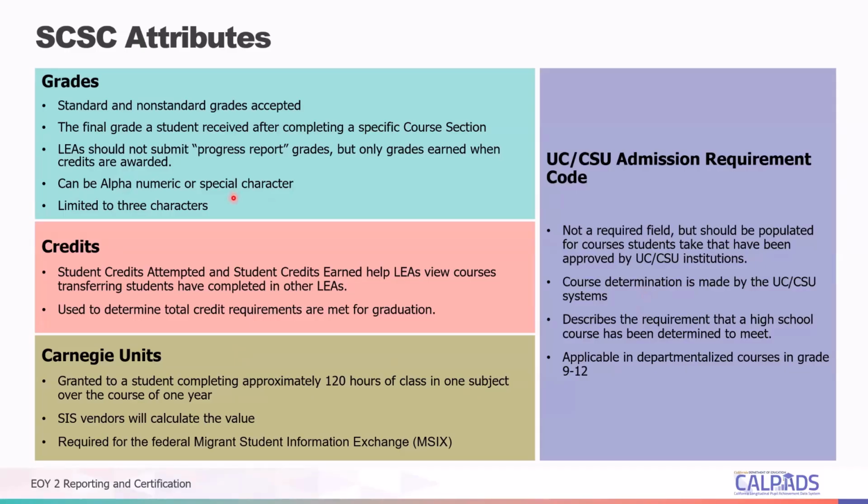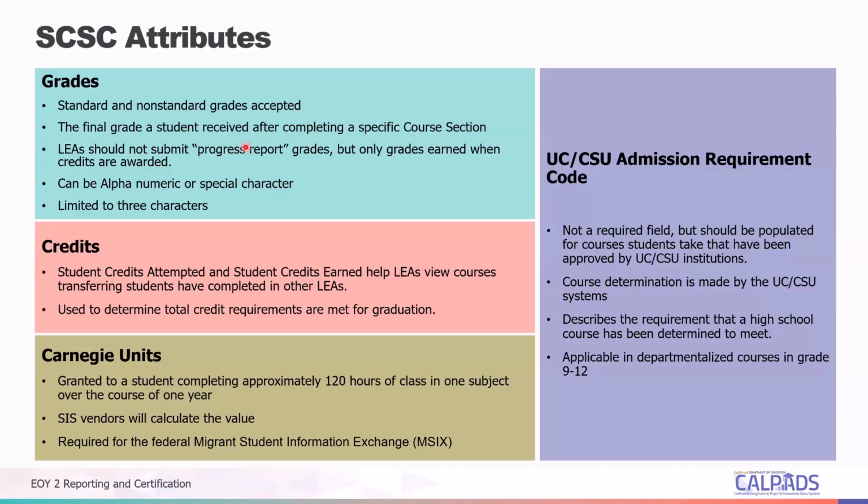So grades should be populated with the final grade a student received after completing a specific course section and are only required for departmentalized courses for students in grades 9 to 12. Grades 7 to 8 are also required. However, since reporting 7 to 8 graders is optional, this may not bear much workload on your submission.